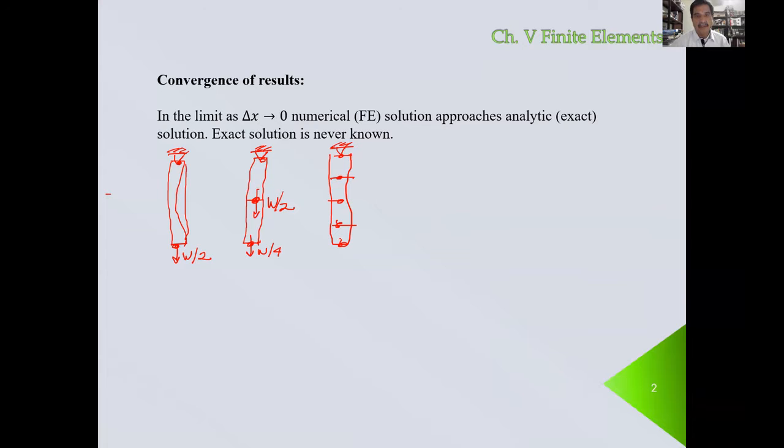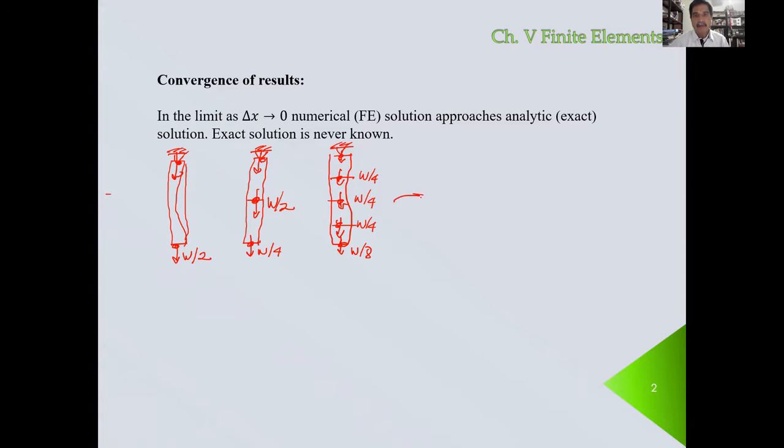So this is W over 8. This is W over 4, W over 4, and W over 4. Here, of course, you have some, and you have some there.